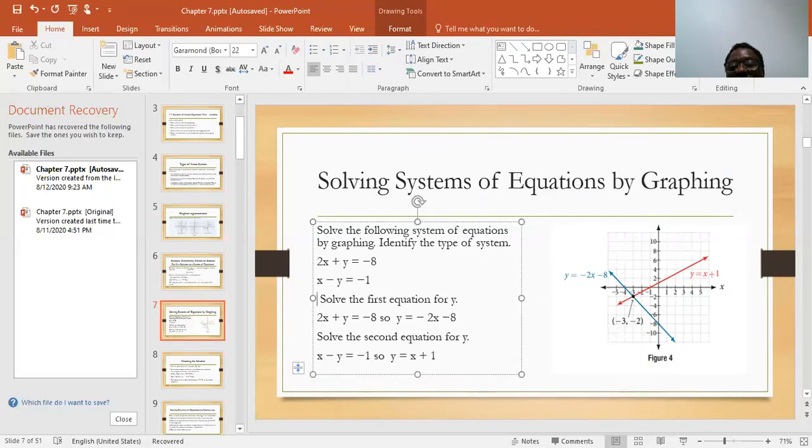And then for x minus y equals minus 1, y equals x plus 1. So the graphs are there, and we can see graphically that the solution is at x equals minus 3 and y equals minus 2, the unique solution.